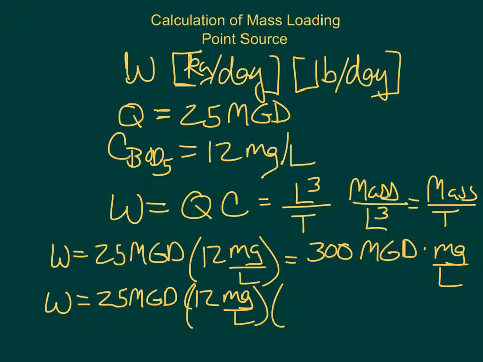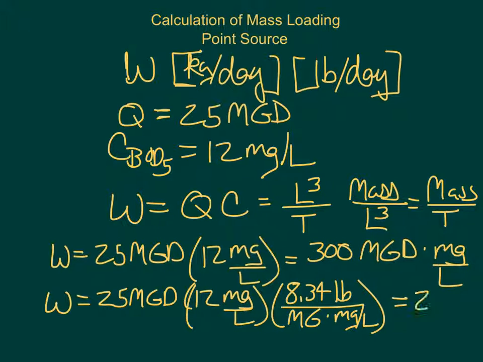A useful conversion so that we have consistent units is to use this factor, 8.34 pounds per million gallon, milligrams per liter. This conversion will result in our mass loading units being pounds per day. And when we do the calculation, we would get 2,502 pounds per day.